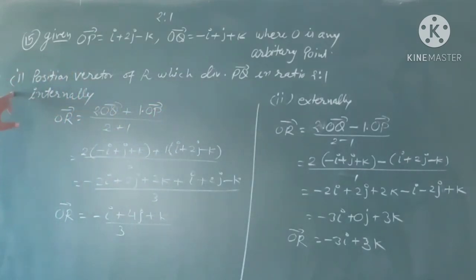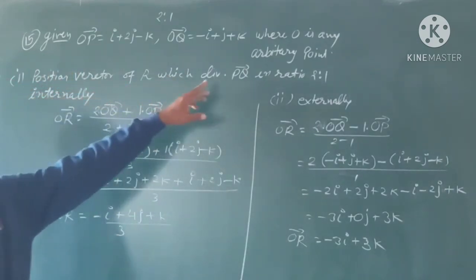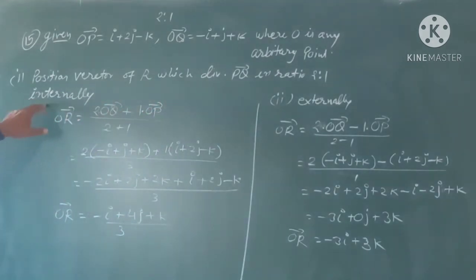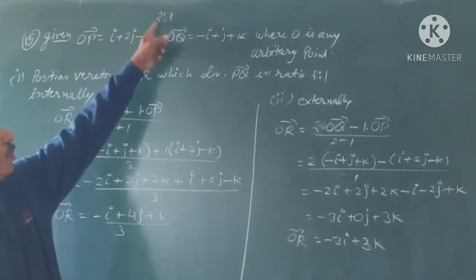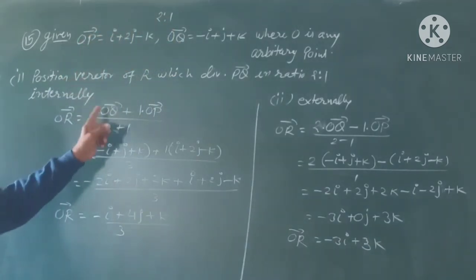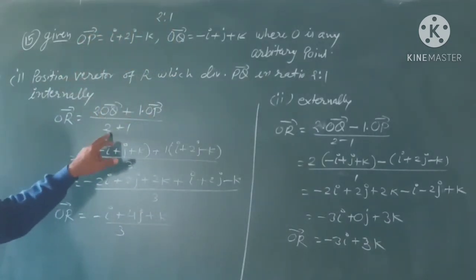In the first case, the position vector of point R which divides line segment PQ in the ratio 2:1 internally: vector OR is equal to 2 multiplied by OQ plus 1 multiplied by OP, upon 2 plus 1.